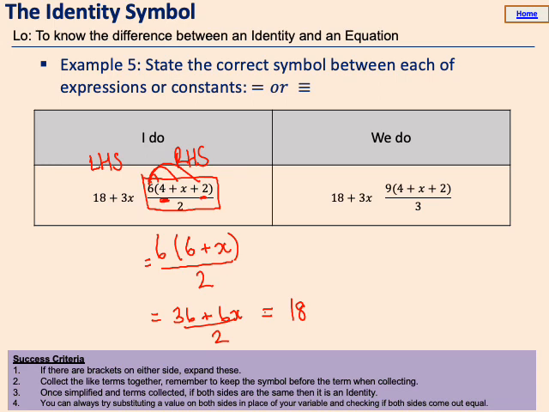And our 6x divided by 2 would give me 3x. So half of 6x is 3x. So now let's look at the left-hand side, which was 18 plus 3x. Okay, so as we can see, our constant's the same, our variable's the same, therefore this is an identity.